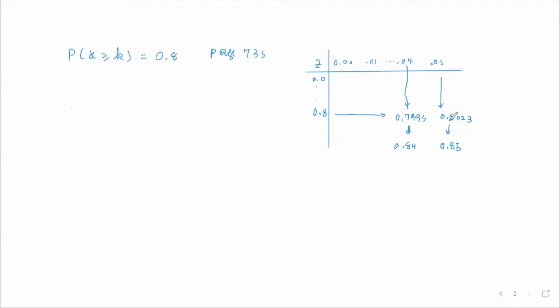The between value, like 0.8023 minus 0.7995, will equal to 0.85 minus 0.84.